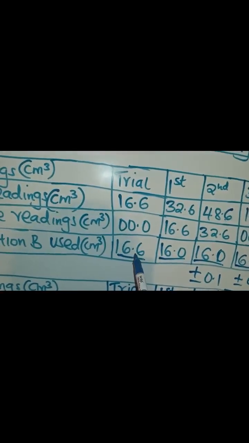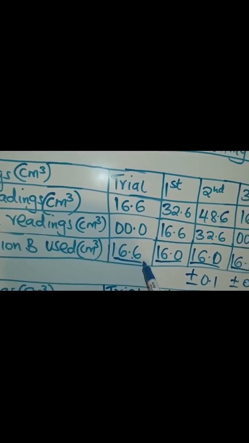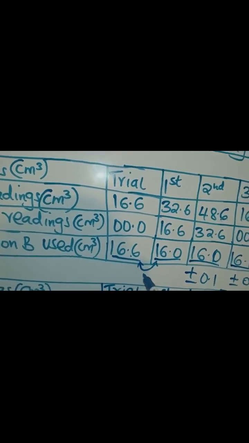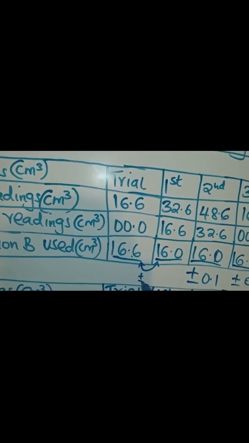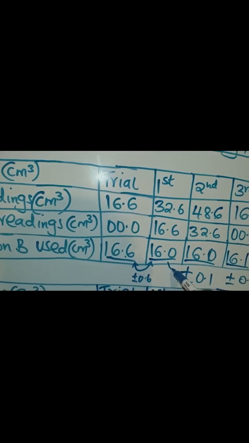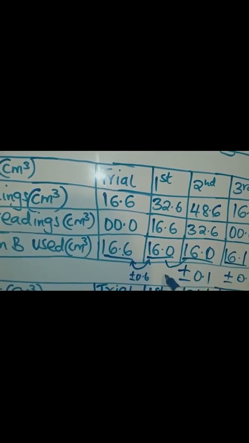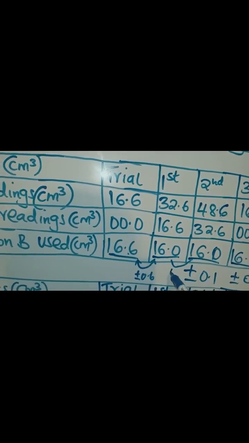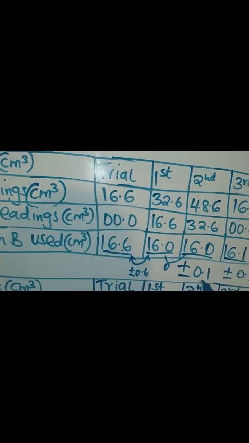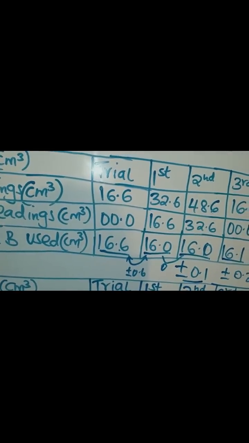In our case, from 16.6 to 16.0, the difference is plus or minus 0.6. From 16.0 to 16.0, the difference is just a 0. So it is even more accurate than a 0.1 difference.